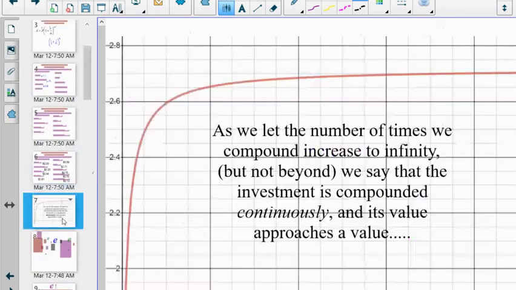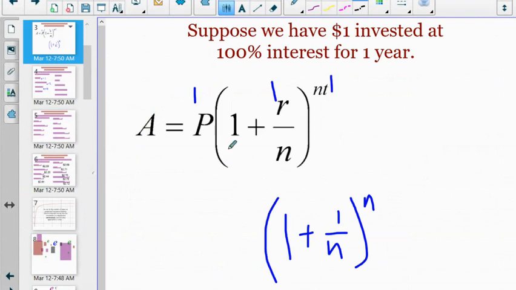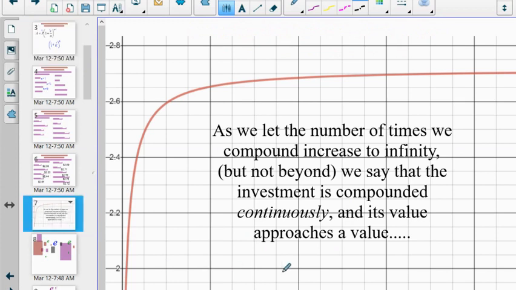It turns out that as the number of times compounding increases, the graph you're looking at right here is the graph of this function, y equals 1 plus 1 over x, raised to the x power. As the x value increases, the y value increases fairly fast at first, going up a quarter, only going from x equals 1 to x equals 2.